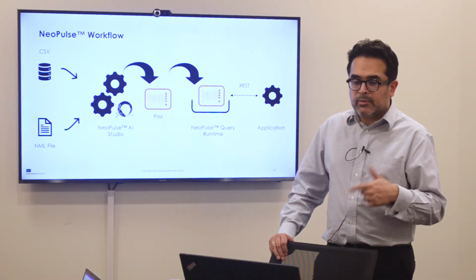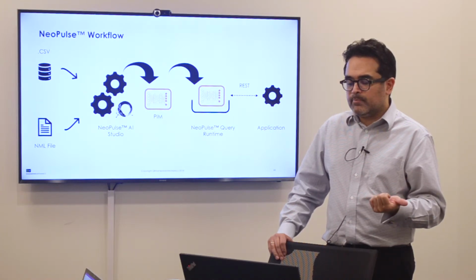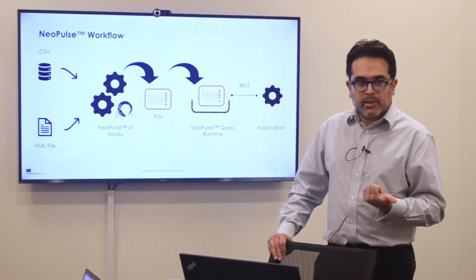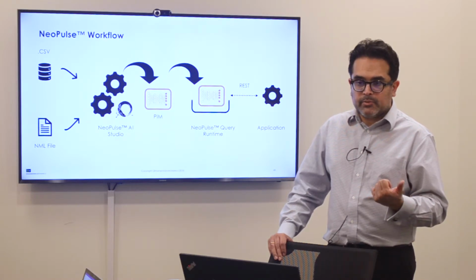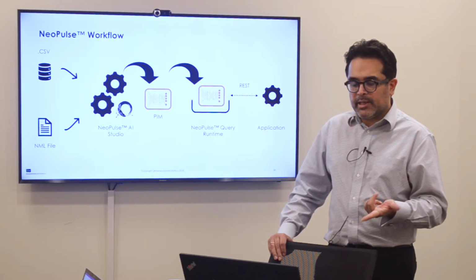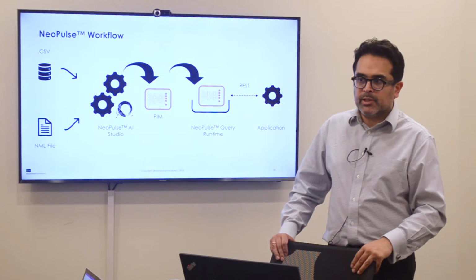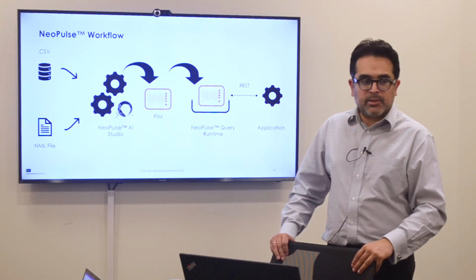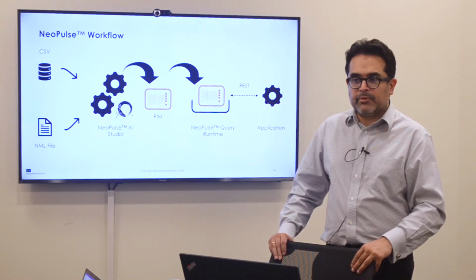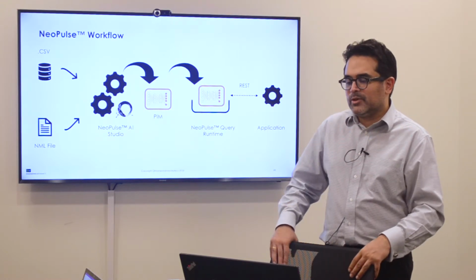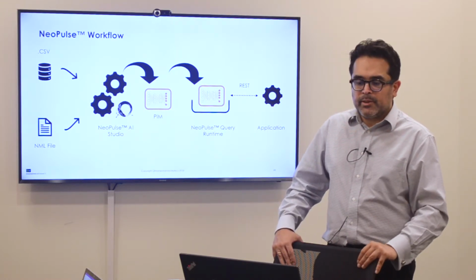Today, we already support AI Studio on Azure. So the runtime is sitting on Azure, it's sitting on AWS, obviously on premise. We're also on SageMaker too, so we can use the entire end-to-end framework on SageMaker, so you leverage the power of NeoPulse while sitting in SageMaker.